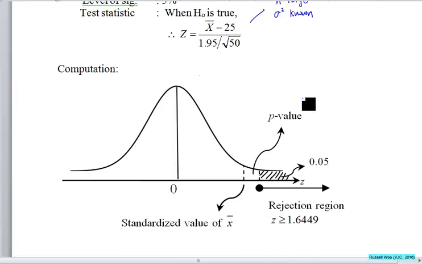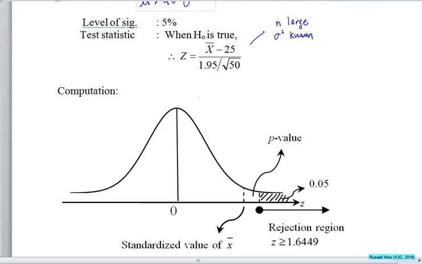We go back to our bell curve and we check that we can calculate the rejection region. Given the level of significance of 5%, it's actually similar to the previous example.